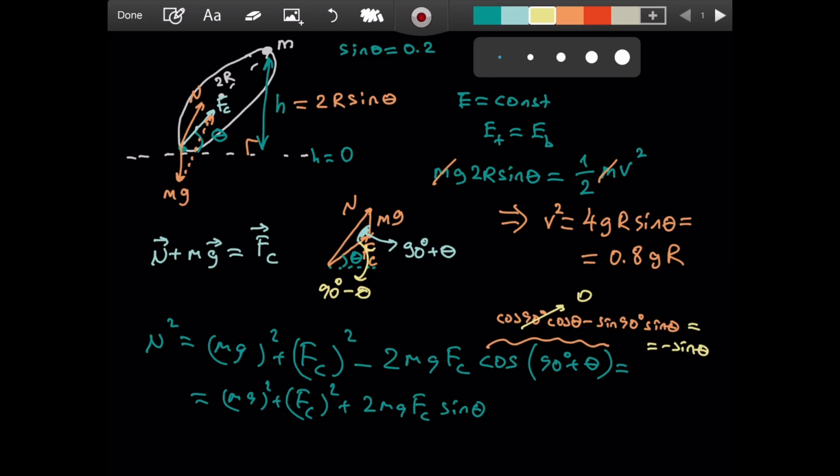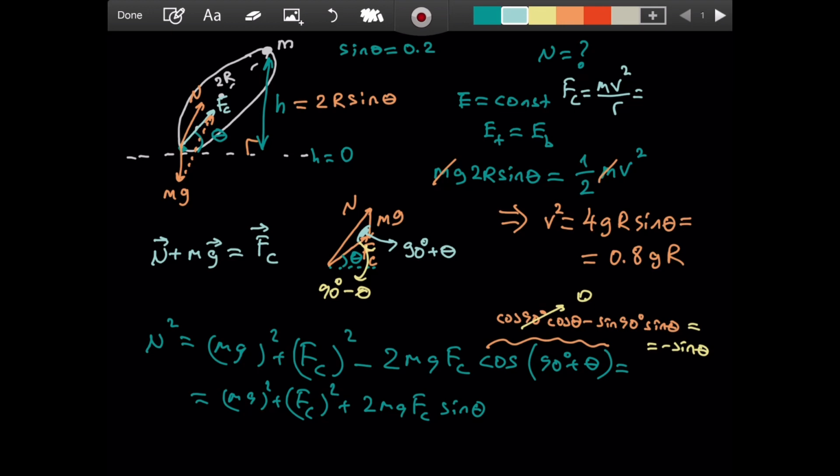Alright, cool, but we now need the centripetal force. And it isn't that hard to figure out actually. So let's do it. I think we can fit it in this corner at that point. The centripetal force is mv squared over r, because the centripetal acceleration is v squared over r.